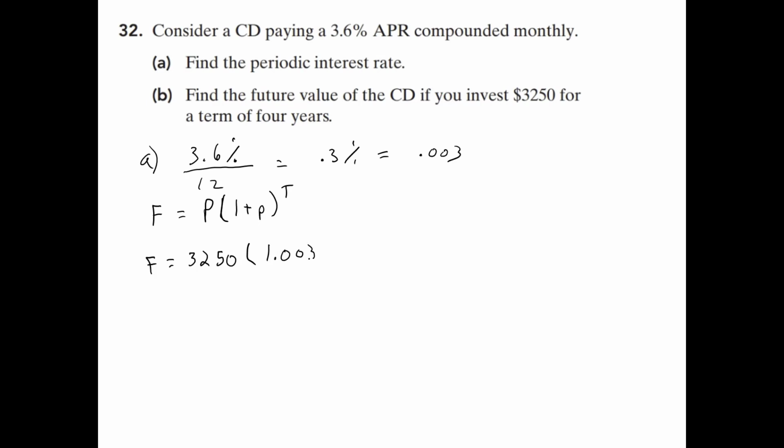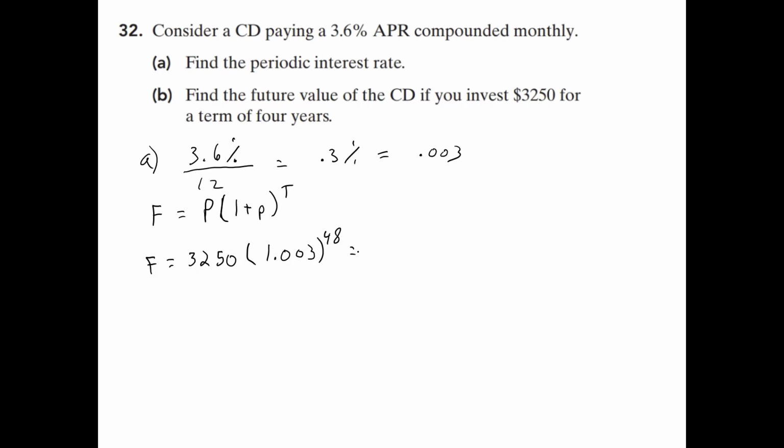In our head, we don't need a calculator for that, 1.003. And then we're raising it to the 4 years, but we're doing this monthly, so 4 times 12 is 48. You're going to compound 48 times because you're doing it every month, and you're doing it for 4 years.